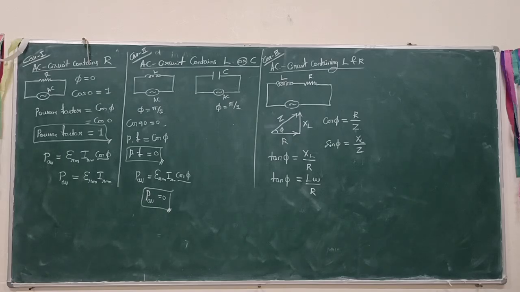What you need to remember here is the expression of power factor, the expression of average power, what the power factor and average power are in a pure resistance circuit, and what they are in pure capacitor and pure inductor circuits. Keep this much information in mind. So this is all about the power factor. Observe that in a pure capacitor and pure inductor circuit, the power factor is 0 and the average power is also 0.